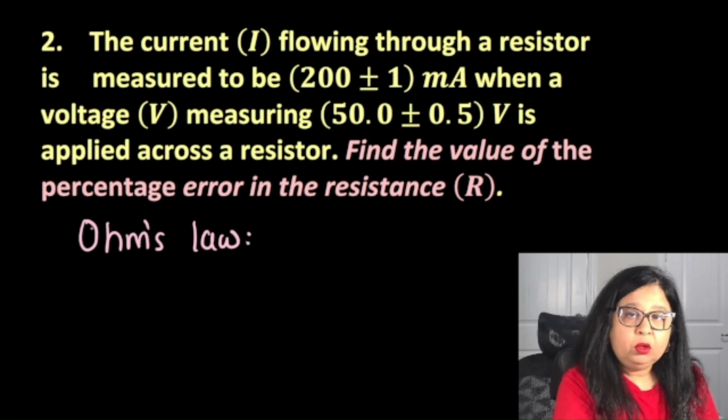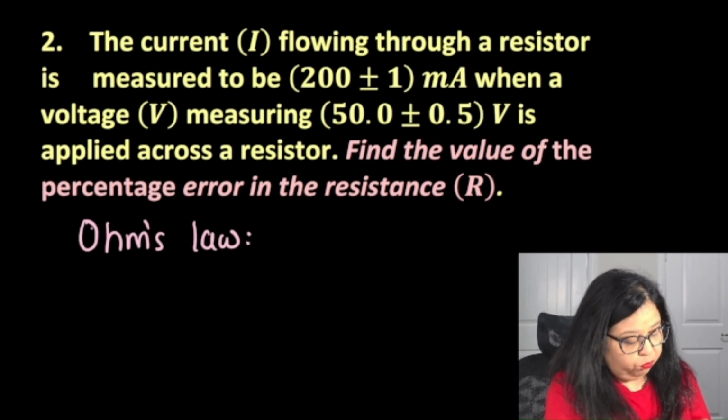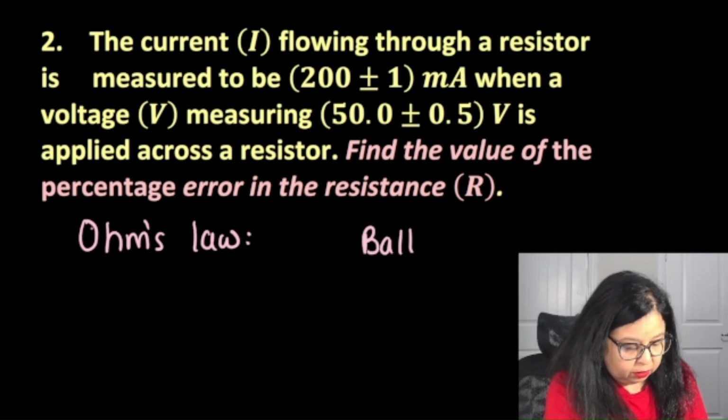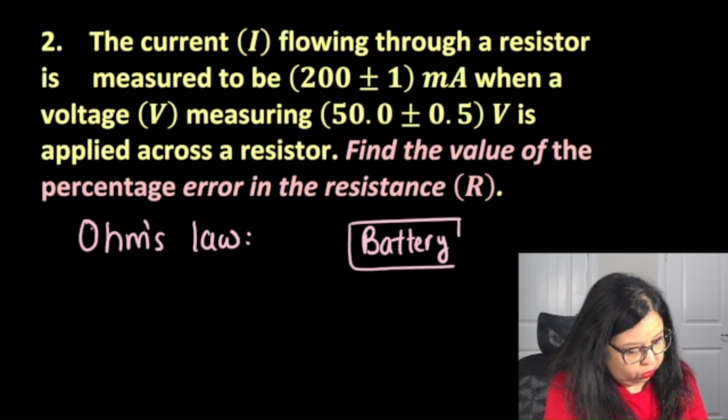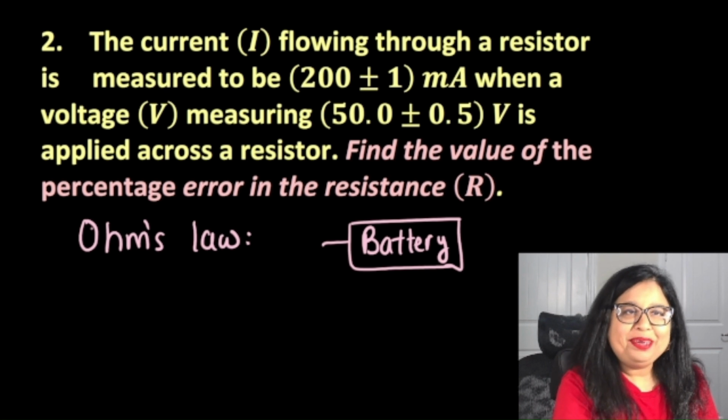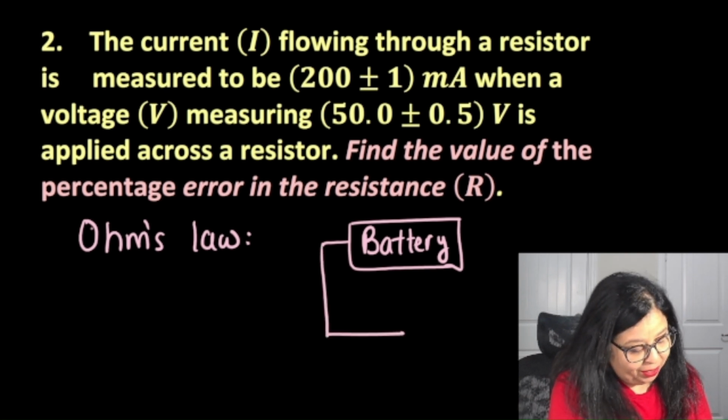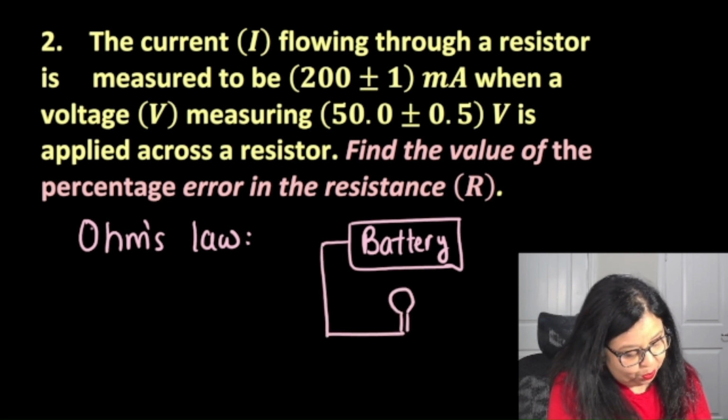What is Ohm's law? Ohm's law says, for example, you take a battery. Here's your battery. Let's box it in. You connect this battery to a device, such as a bulb.